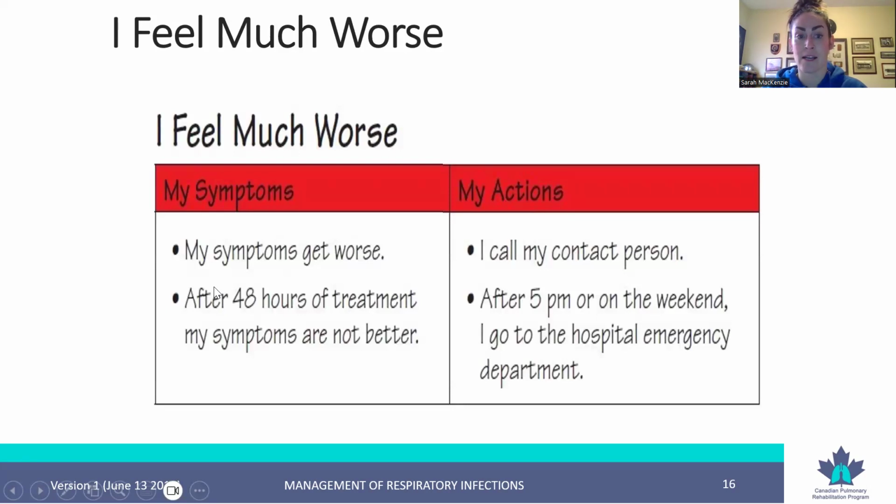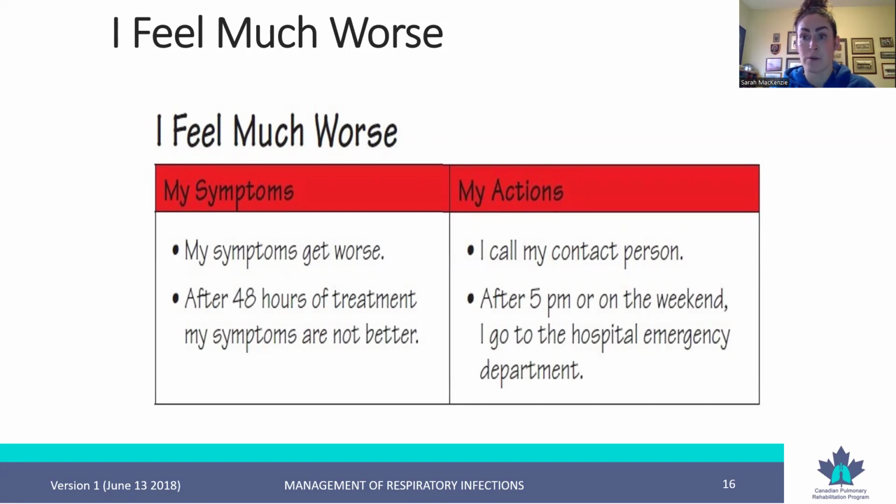So the idea is once you start your antibiotics and prednisone, you should start to feel better, right? That infection is being treated, it's going to start to clear, the inflammation is going to start to be reduced in the lungs, leading you to start to feel better. If at the 48-hour mark after you start that, things are not improving or things are getting worse, what you need to understand is all of the tools and strategies you've implemented at home are not working for this specific situation.